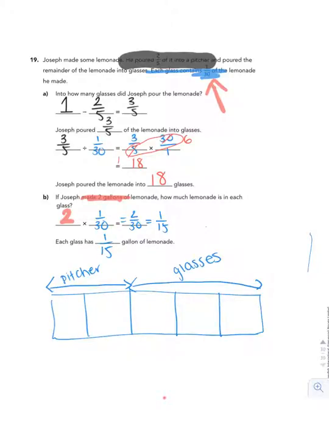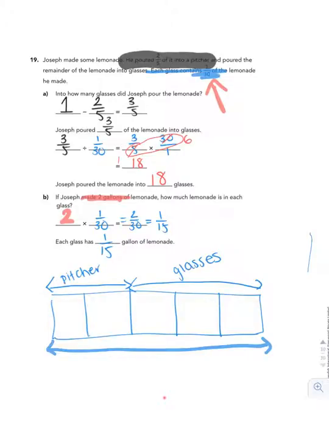Okay? The next sentence says each glass contained 1/30 of the lemonade he made. So I have to look at how I am going to take these 5 boxes here, and now all of this needs to be split up into 30 parts.